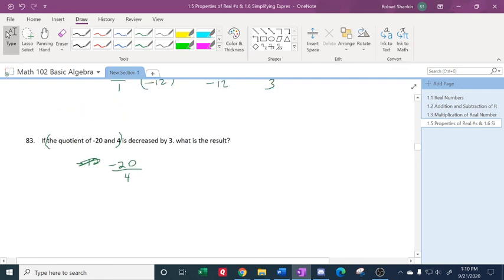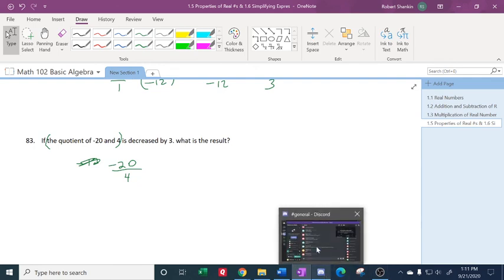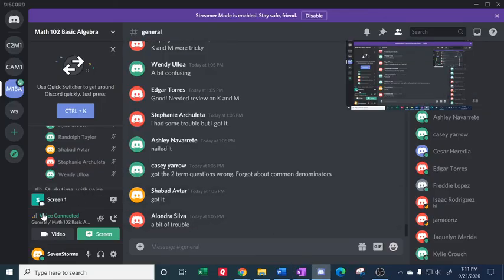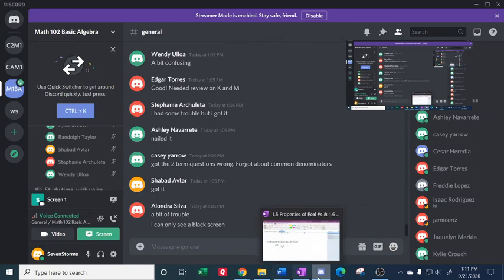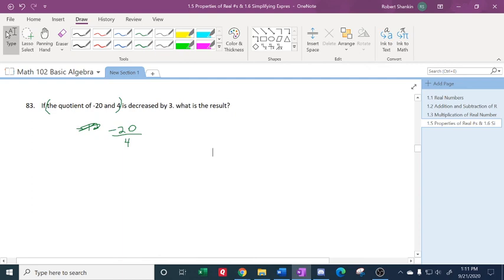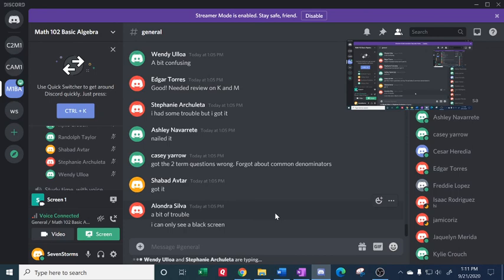Then, I don't see anything on your screen, but maybe it's just me. Anybody else having that difficulty? Yeah, my screen is flashing in and out. I'm not having that problem. I only see a black screen. On my end, it's fine. Yeah, I'm fine too. I think sometimes there's just connectivity problems.